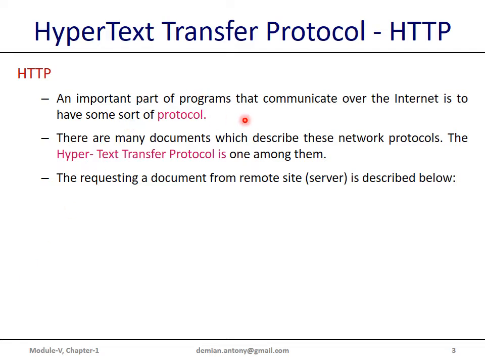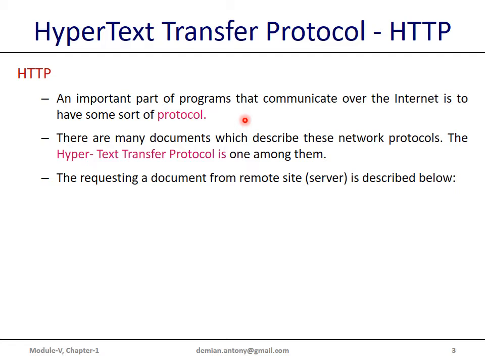It is important to have a set of rules for communication between two machines or processes, and these rules are framed as a document called a protocol. There are a number of documents which describe the rules for different forms of communication within the network or internet.